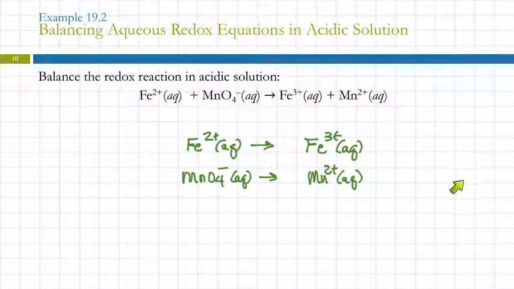What the heck? If you were handed this and tried to balance it without doing half reactions, you'd probably give yourself a headache because there's oxygen here and no oxygen on the other side. So we balance the oxygen by adding water. That's entirely fine to do because this is in aqueous solution. There's water everywhere.